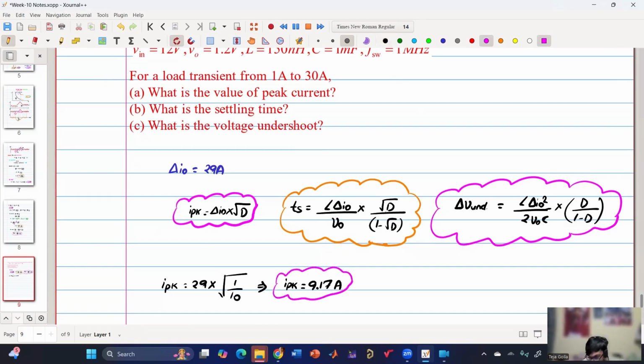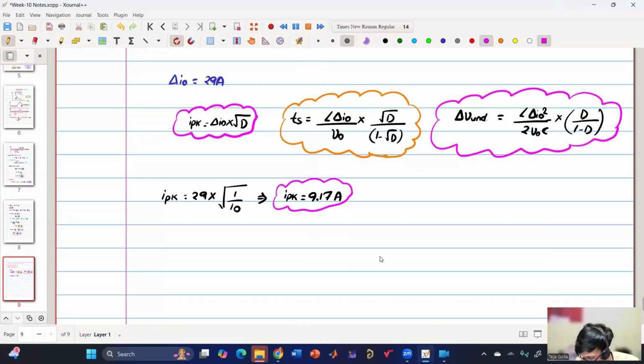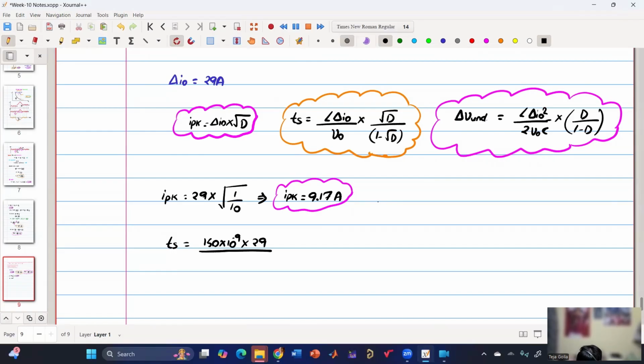Now let us calculate the settling time. So TS is inductance. How much did I ask? 150 nanohenry. So 150 into 10 to the power minus 9 into delta I naught is 29 by V naught is 1.2 into, the duty ratio is 1 by root 10, right? So I'll get 1 by square root of 10 minus 1 if I simplify.